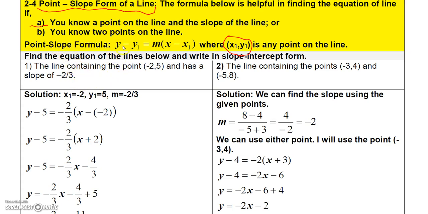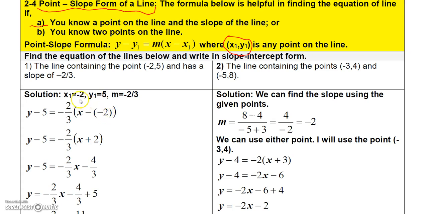So I'll take this formula y minus y1. Well, what's the y value? The y value is 5. So it'd be y minus 5 is equal to the slope, which in this case is -2/3, times the quantity x minus the x value.